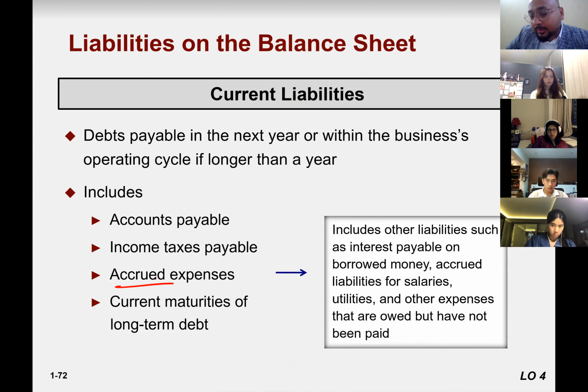But if you have the policy that you will pay your employee the month's salary on every 15th of the next month, so for those 15 days you are taking a cushion, you are not paying. So in those 15 days, salary is payable. Accrued expenses. Expense occurred, but you didn't pay yet.